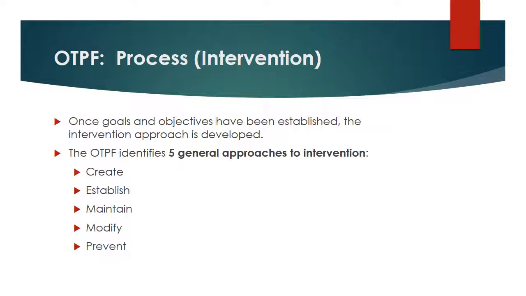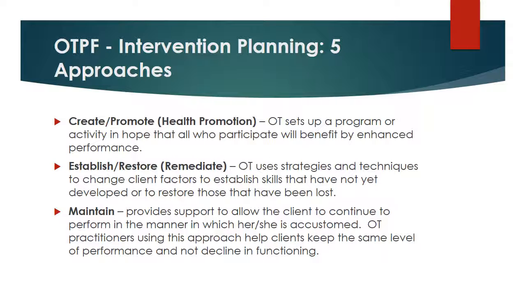And some of this will sound familiar because in one of the first couple of slides we went over, in starting with this recording, they appear again here. So the 5 general approaches to intervention include create, establish, maintain, modify, prevent. Let's take a look at each one, each approach.